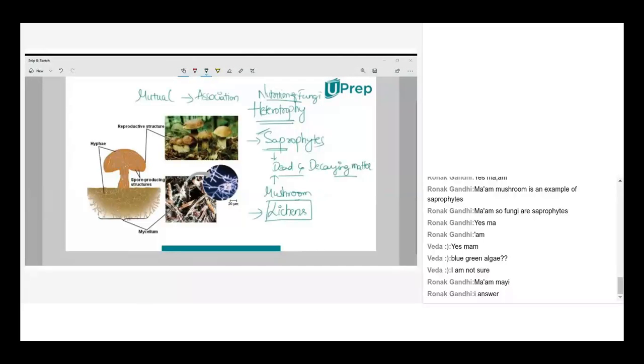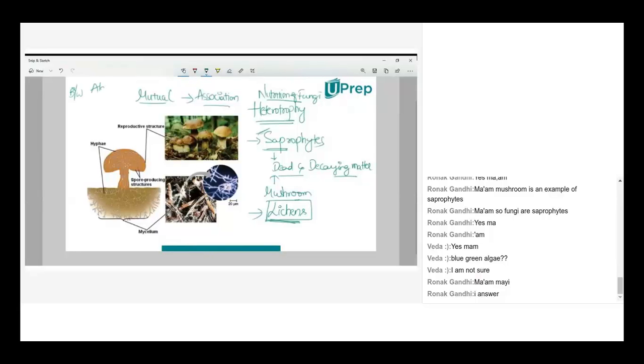Lichens are the organisms that are produced by the hyphae of the fungi. Not exactly. I'll explain now. Lichens are the ones which possess a mutual association between algae and fungi.